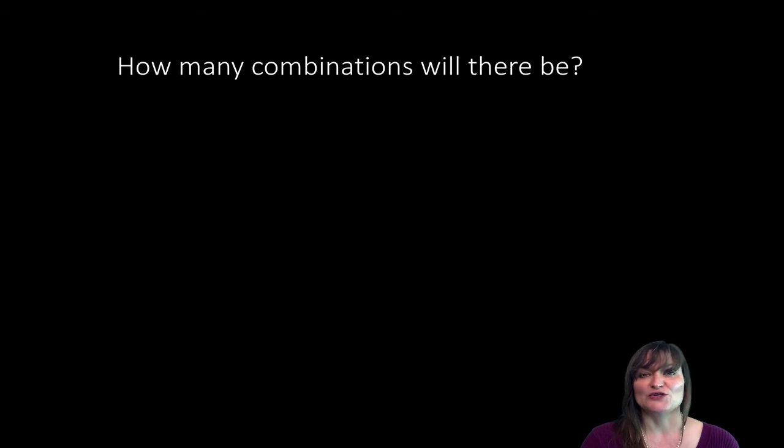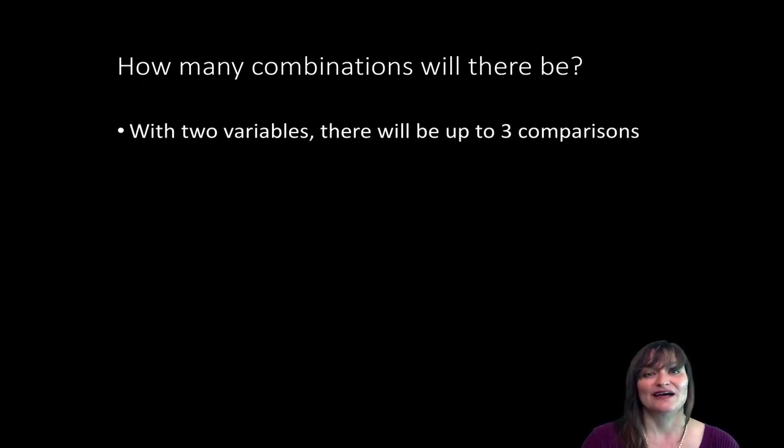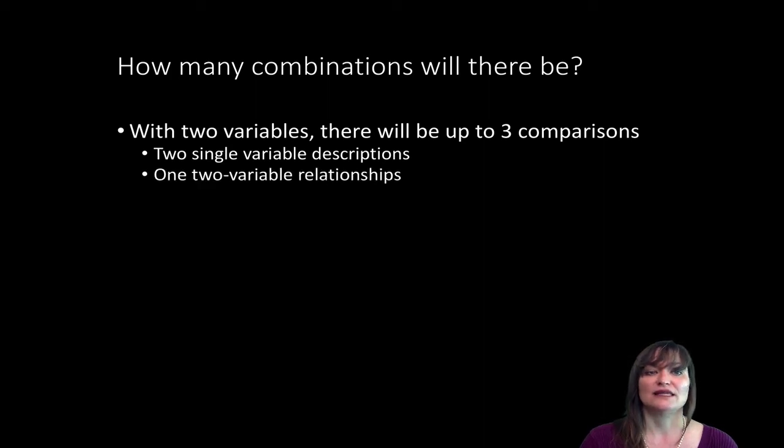So how many combinations will there be? How do you know that you've got all the combinations? With two variables, there will be up to three comparisons. So there would be the two single variable descriptions, and then the one two variable relationship. So if you've just got A and B, you'd describe A, you'd describe B, and then you'd see if A and B were related to each other.